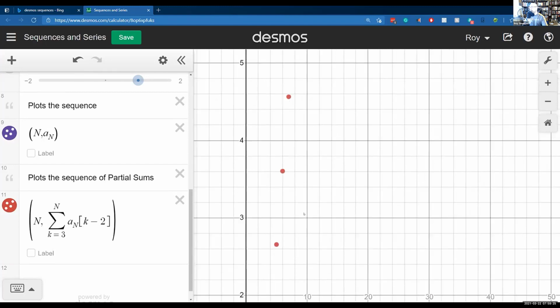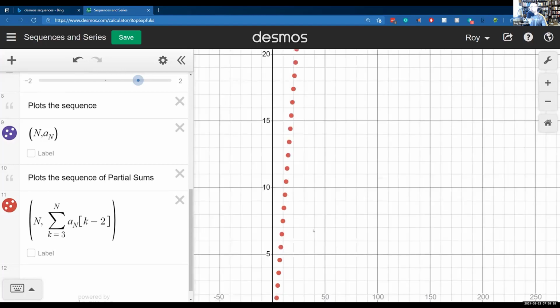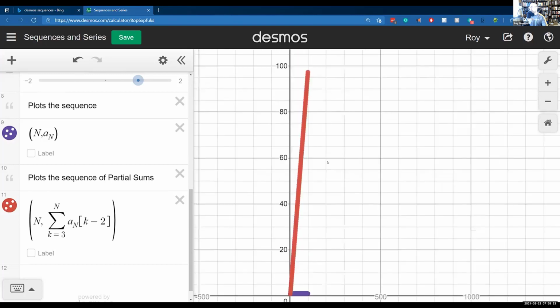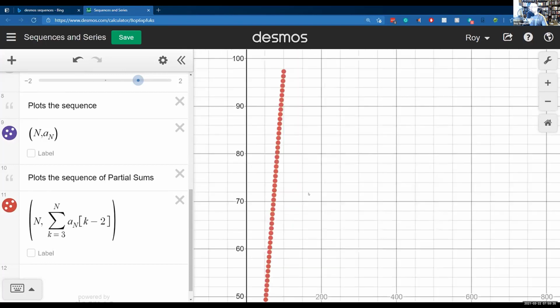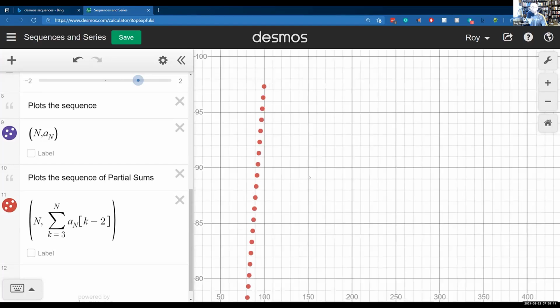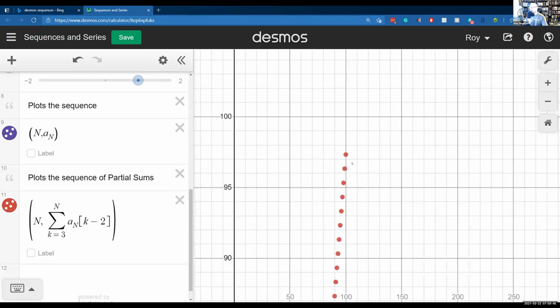You can see that these red dots, which represent the sequence of partial sums, they're just blowing up. They keep rising off to basically infinity. And so this is very, very convincing that this sequence of partial sums that we're seeing in red here is going to rise forever and ever and ever.